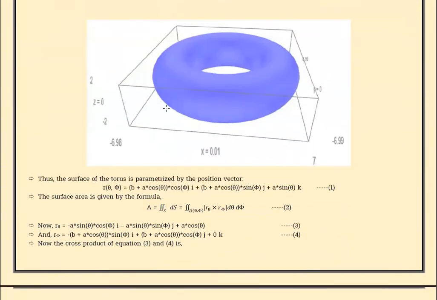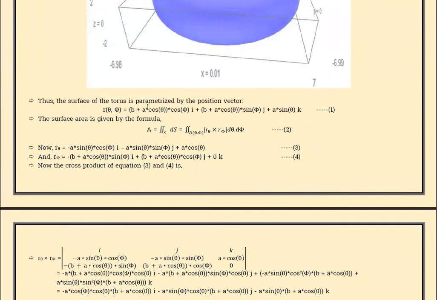From that, the parametric equation becomes r(θ, φ) = (b + a cos θ) cos φ i + (b + a cos θ) sin φ j + a sin θ k, where the values of θ and φ belong to 0 to 2π.